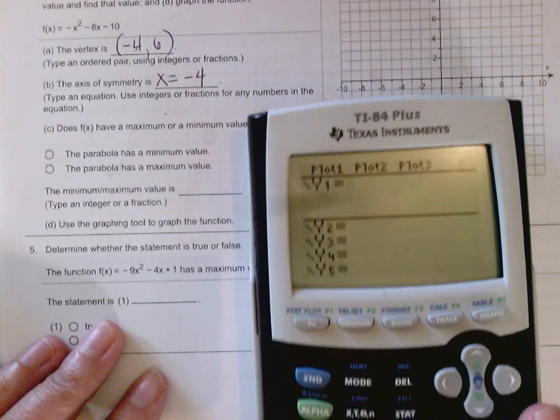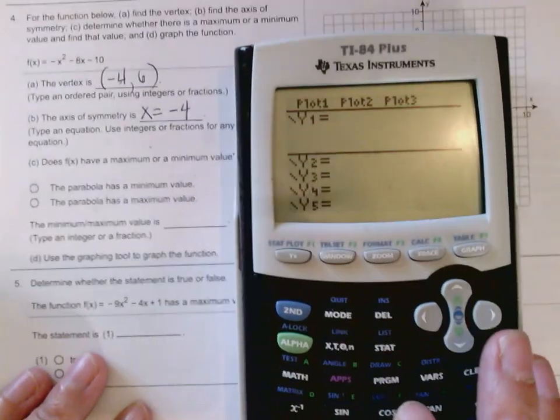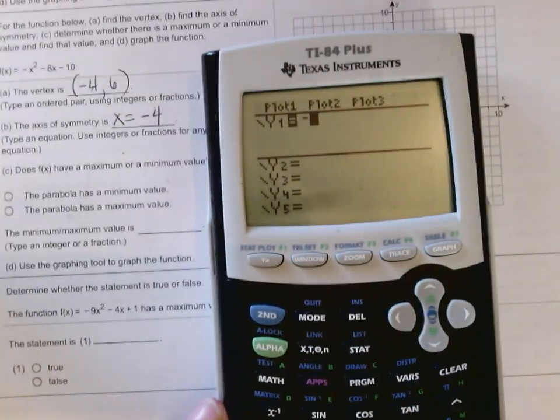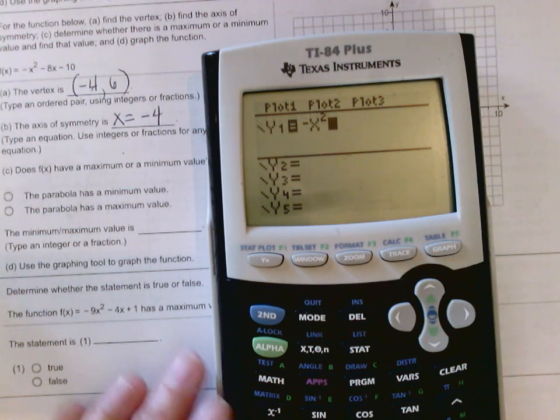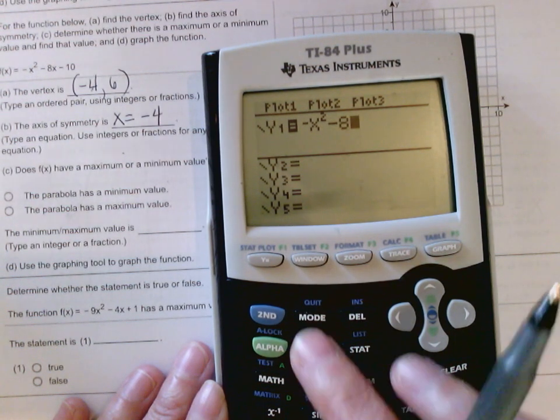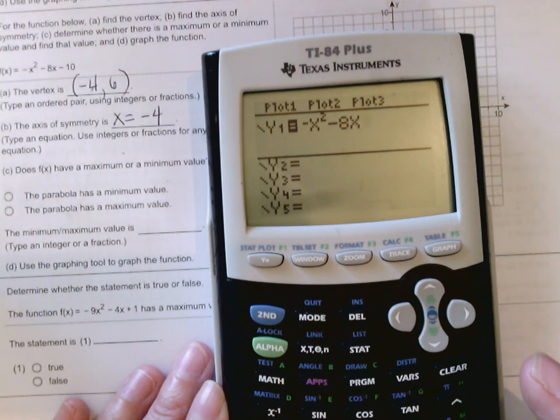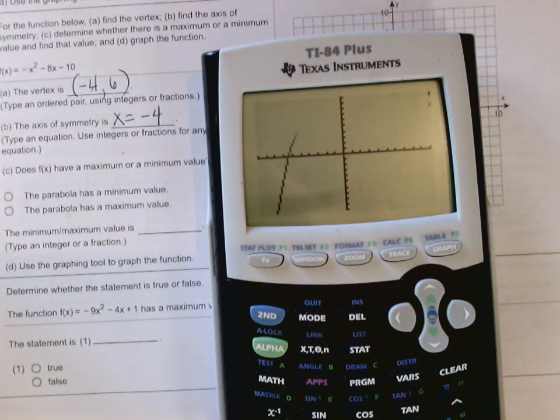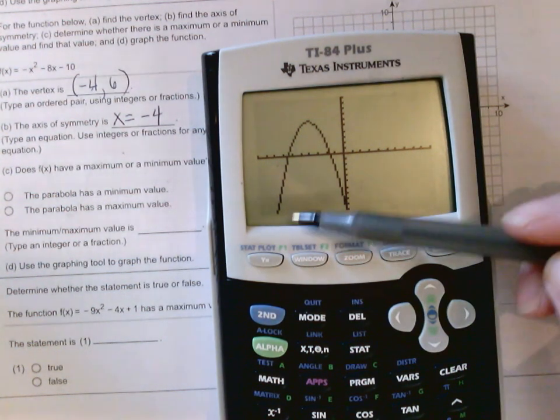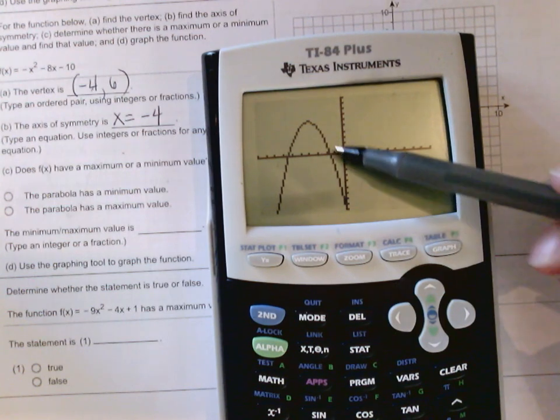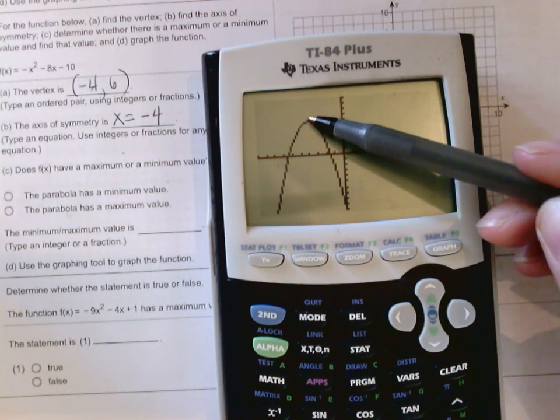So let's type this in to see what it looks like. So I'll have negative x squared minus 8x minus 10. So exactly what we knew was going to happen. It was going to be flipped upside down, which means this parabola doesn't have a minimum. It's a maximum at its vertex.